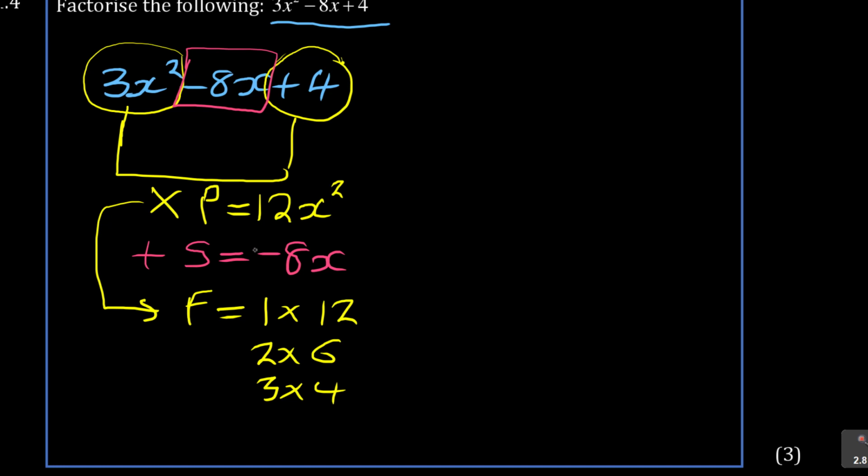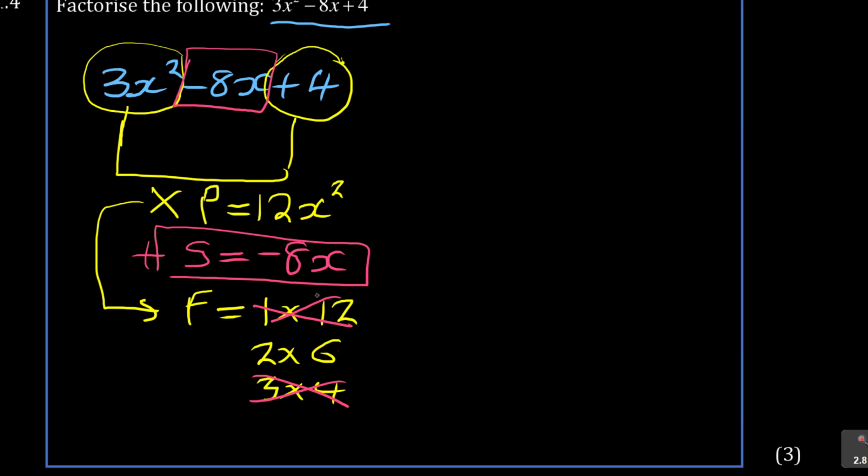From here, what I'm interested in is my sum. From these factors, I need numbers that when I add, I get negative 8. I can't get an 8 from 3 and 4, but 2 plus 6 is 8. So now I have to manipulate 2 and 6.